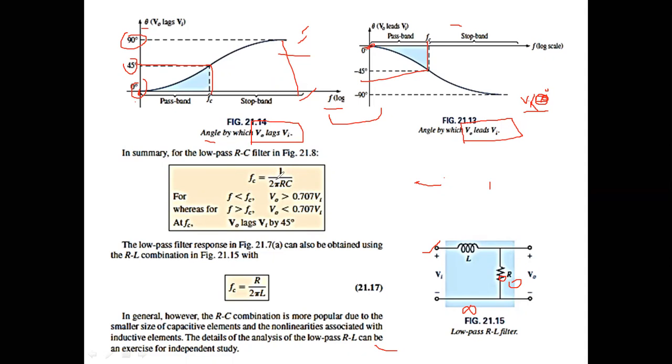fc, the critical frequency, is 1 over 2 pi RC.